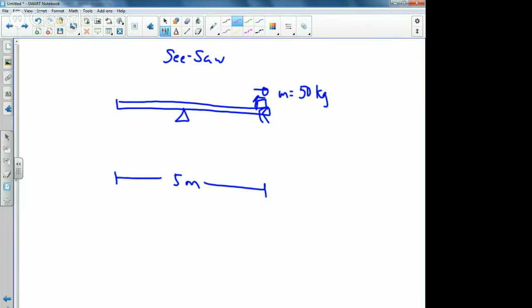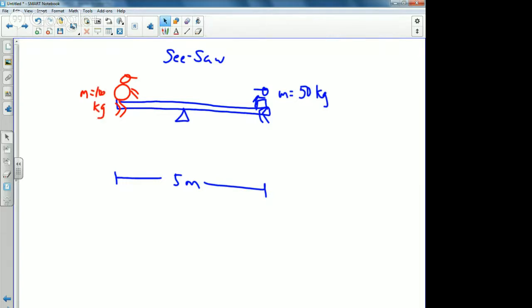Now, the other side has a larger child, with a mass of, let's just say, 100 kilograms.